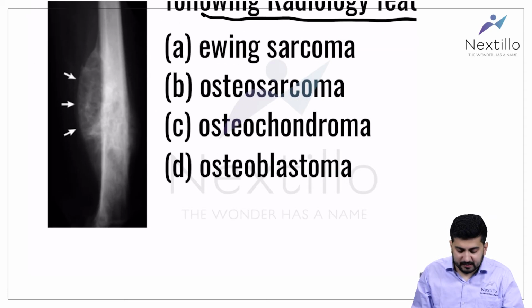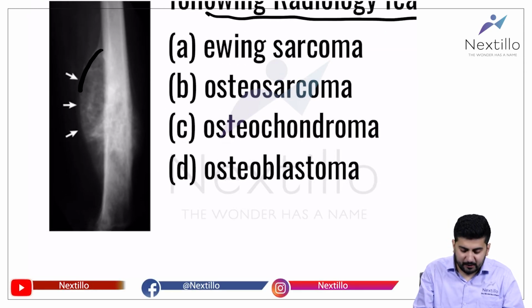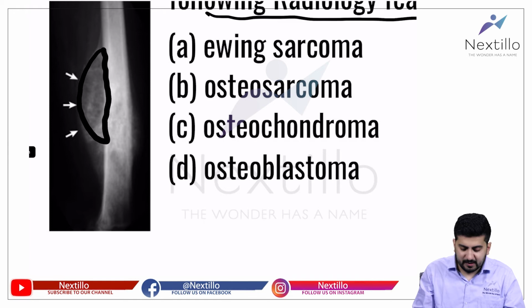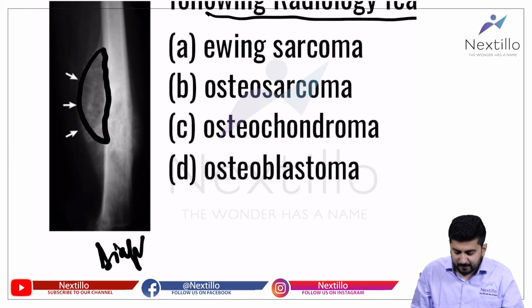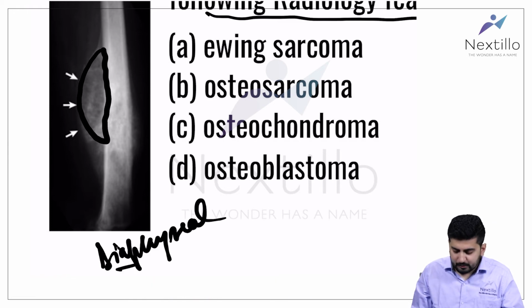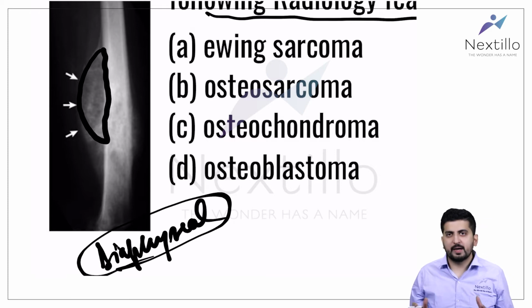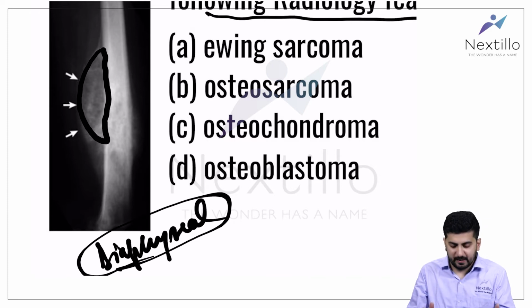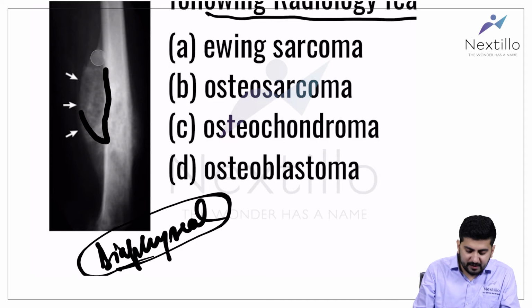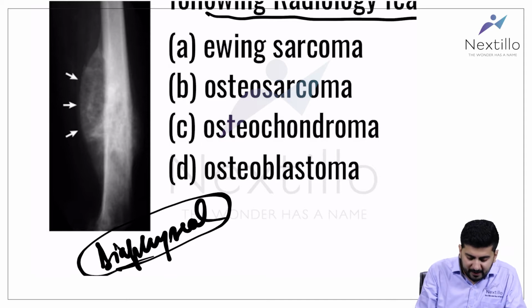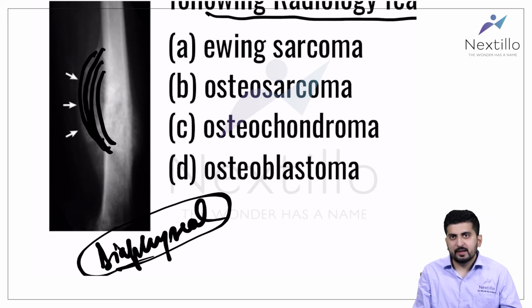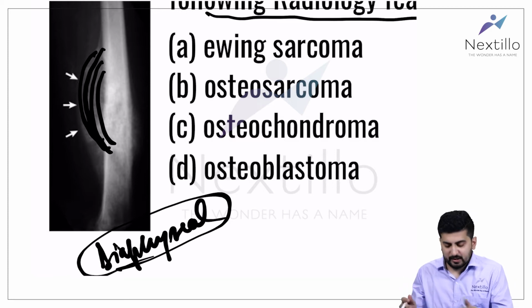So in this, if you can see that the periosteal reaction is diaphyseal. So that should give you the first hint as to what this condition can be. Now, if you can see in this image, the reaction is in the form of various layers of periosteum laid over each other.